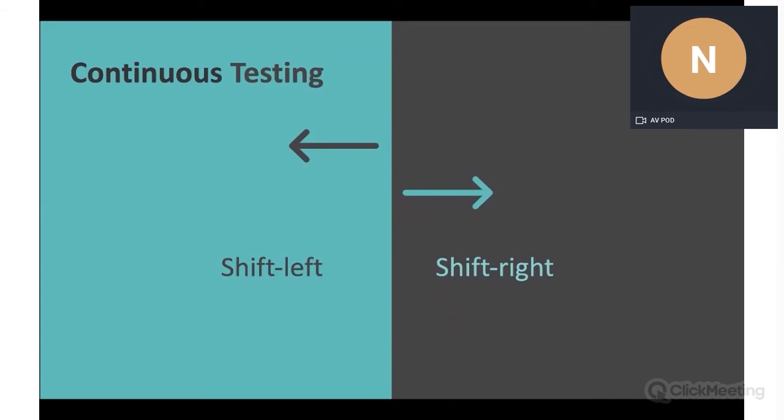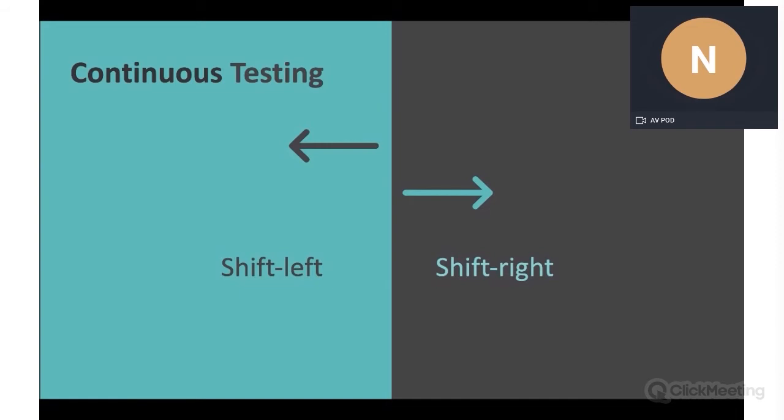When you hear these terms over the internet, shift left and shift right testing, shift left is more around writing unit tests, API mocking and virtualizing services. So testing in the places where the product is still not ready, whereas shift right is more about shipping as quickly as you can, then learning from the user behavior and user experience of the product, and improving based on that.